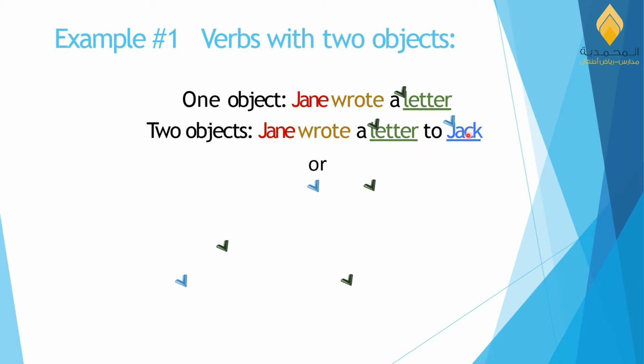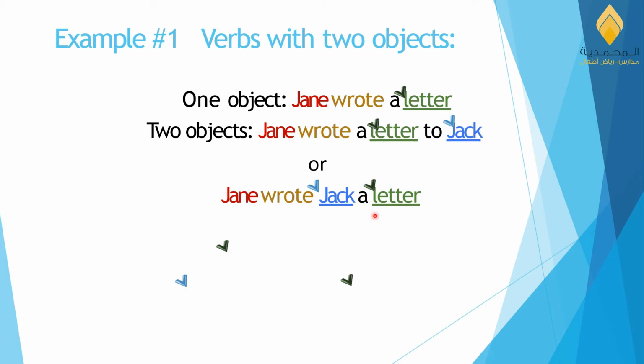In this case, the sentence has two objects: the first one is a letter, and the second one is Jack. To make sure that these two objects are really the objects of the sentence, try to rewrite it in a different way, by simply exchanging the places of the objects. So the sentence becomes, Jane wrote Jack a letter. Jack is an object and a letter is the other object.